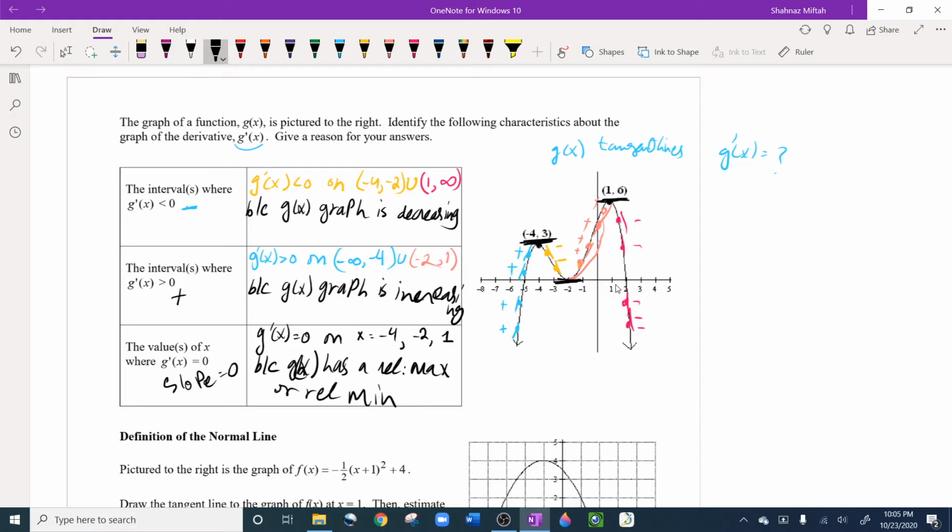So remember that when g prime of x is equal to 0, it means you have a relative max or relative min.